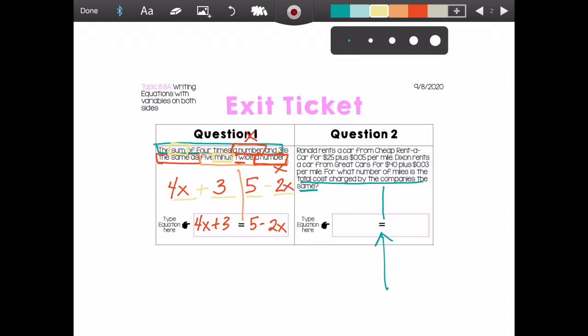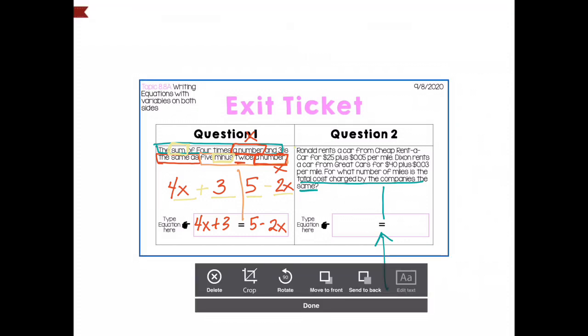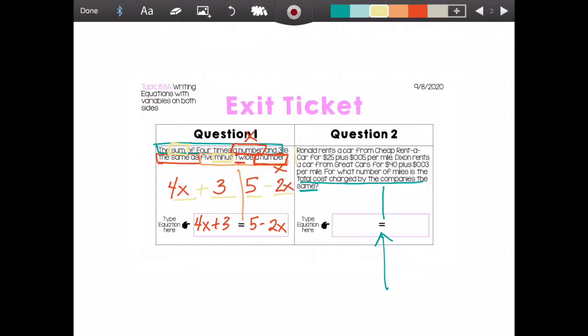So I'm going to first start with Ronald, and he's going with Cheap Rent-A-Car. It says that he can rent a car for $25 plus 5 cents per mile. This first part makes it easy. $25 plus.